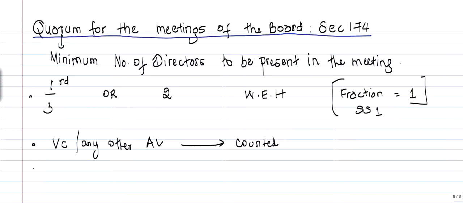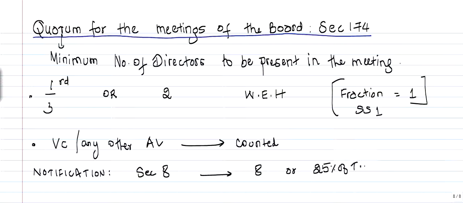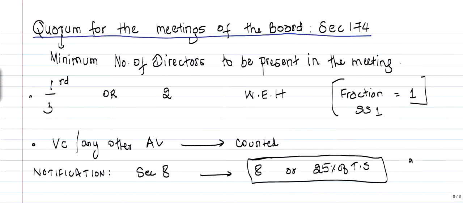So, as per the notification, for Section 8 companies, what is the quorum? It will be 8 members or 25% of total strength, whichever is less, subject to at least 2 directors being present.